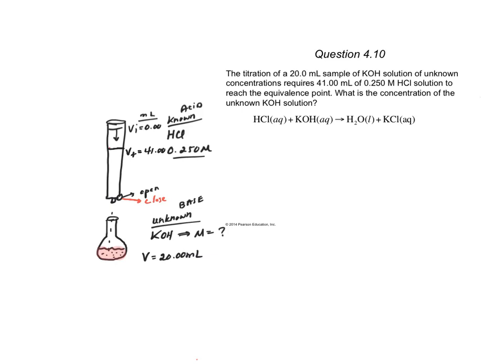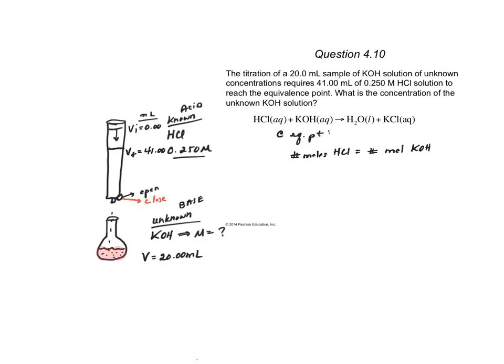Okay, so now how are we going to utilize that data, right? So again, at the equivalence point, the number of moles of HCl equals the number of moles of potassium hydroxide. So number of moles of acid equals number of moles of base, okay? Which one can we figure out, right?